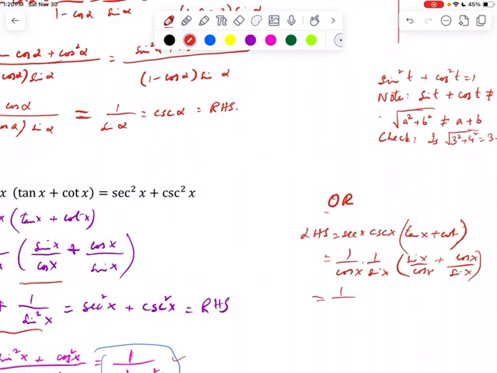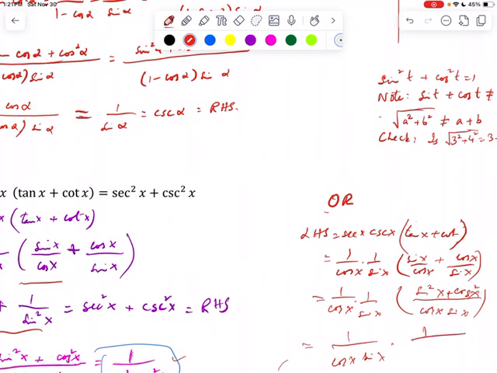So we can write 1 over cosine x times 1 over sine x, times a common denominator, which is cosine x times sine x, which gives me sine square x plus cosine square x, so that we get at the bottom 1 over cosine x times sine x times 1 over cosine x times sine x.